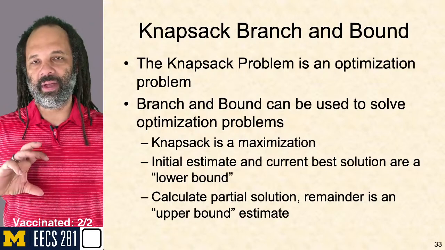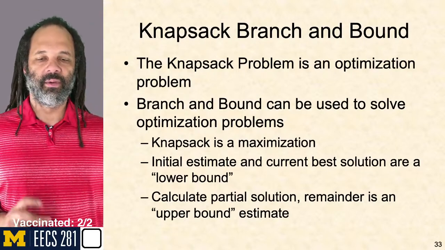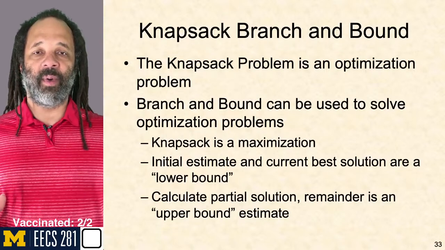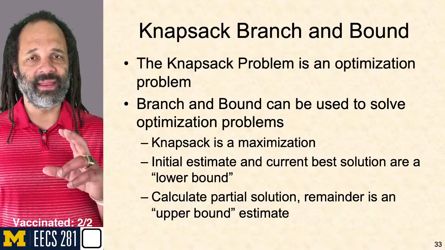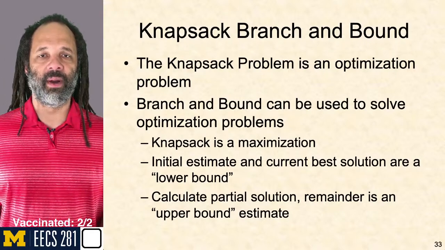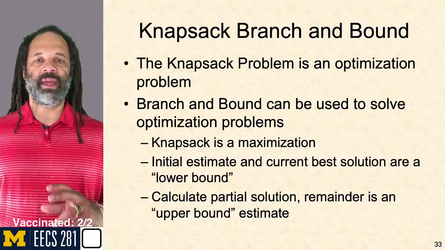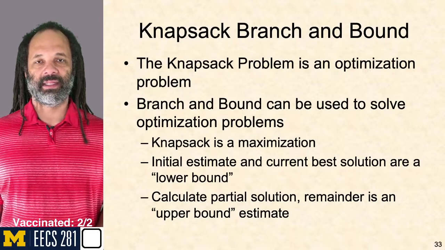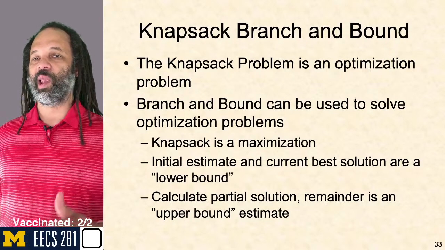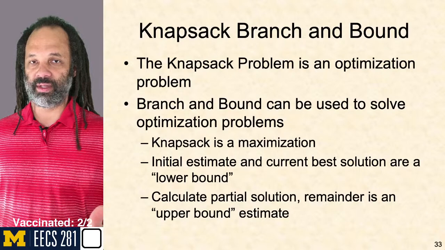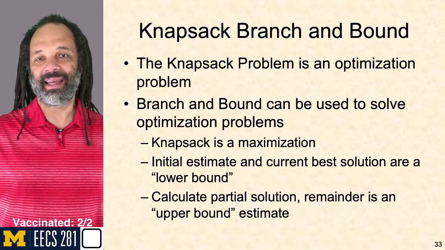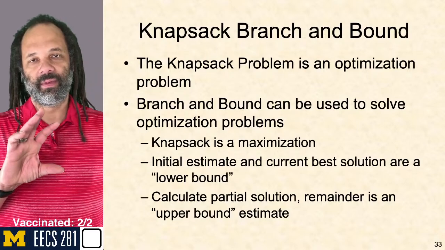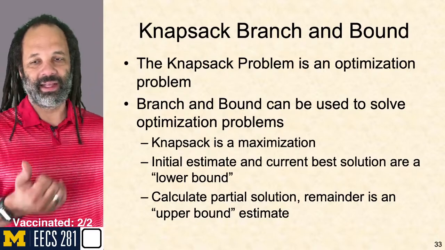When I calculate a partial solution, the remainder is an upper bound estimate. So when we were working in the TSP, remember, we were okay with being wrong with our estimate as long as we weren't wrong too long. If we were wrong short, that was okay because it wouldn't think something was a bad idea that actually was. Well, we're maximizing. Let's flip that all the way around.